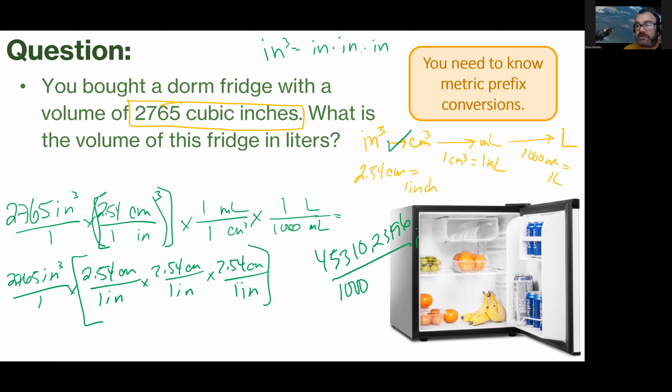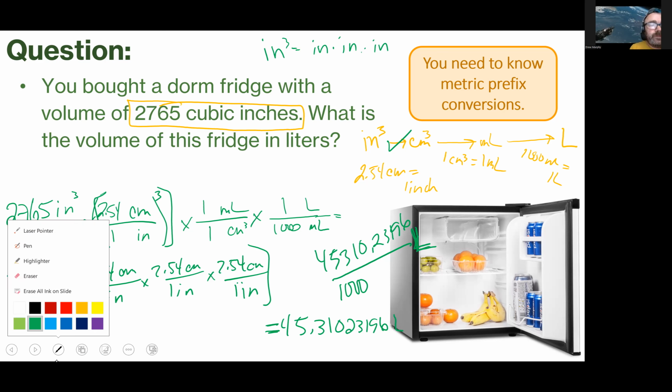And that has units of liters. All right, and then we're gonna take that number and divide by 1,000. So this is 45.3102396 liters.